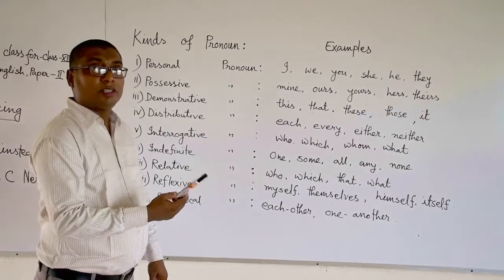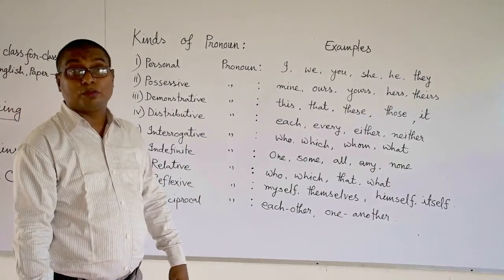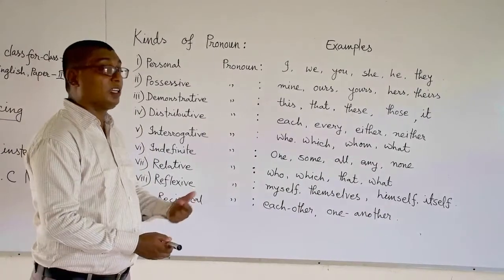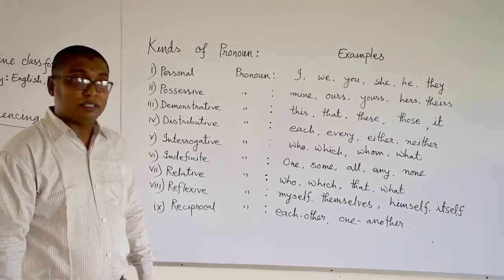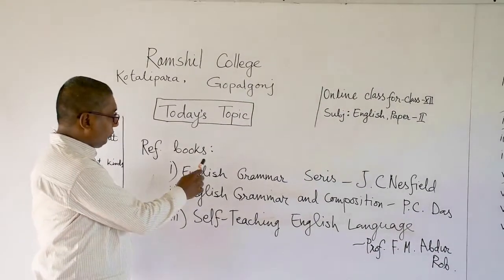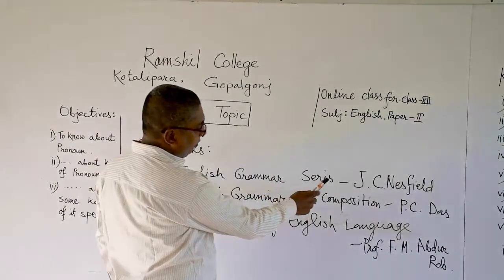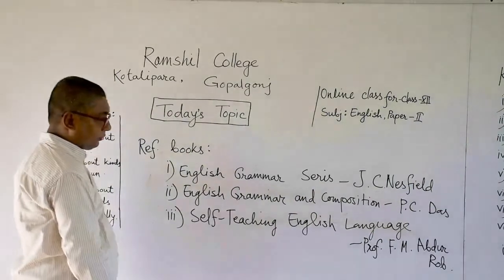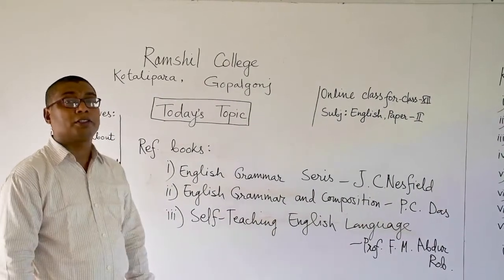So I need to give you some reference books for further study, and write down the names of the books. Here are some reference books. Number 1, English Grammar Series by J.C. Nesfield. You have to find it in the market.